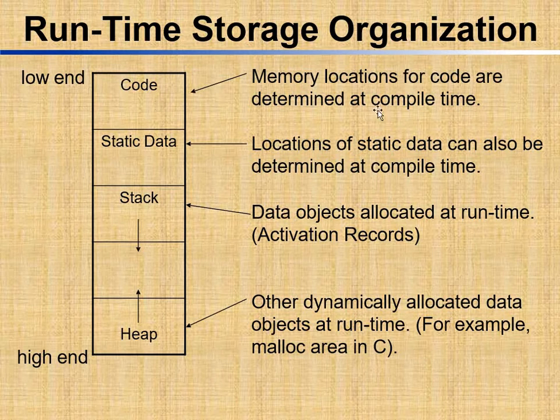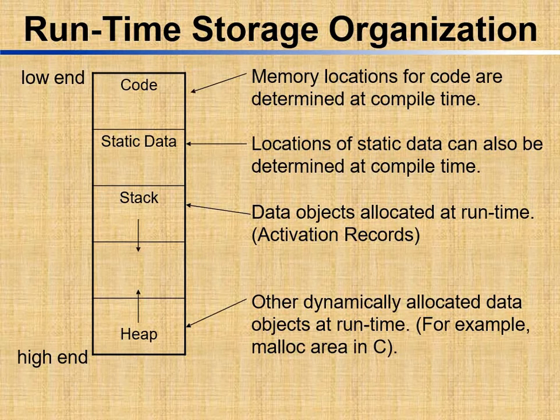Locations of static data can also be determined at compile time. The stack holds data objects allocated at runtime, in activation records. And the heap holds other dynamically allocated data objects at runtime, for example malloc in the C language.